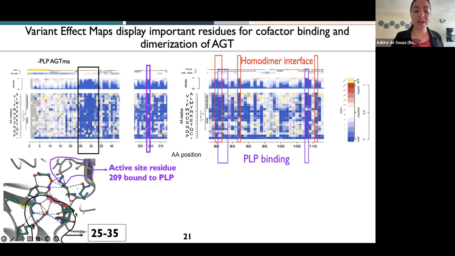And actually this residue here is interacting with the active site, here in purple, that binds to the PLP cofactor. So we can identify these regions as very important for function. And the same thing happens to other regions of PLP binding sites that are very impactful, and to residues that are known to have some type of homodimerization importance or function.